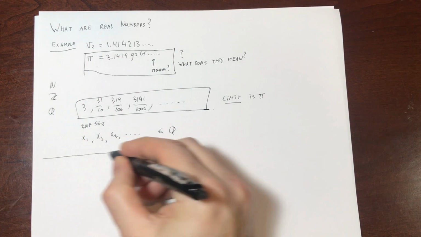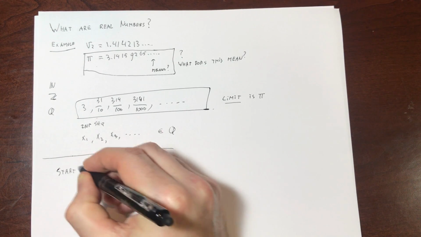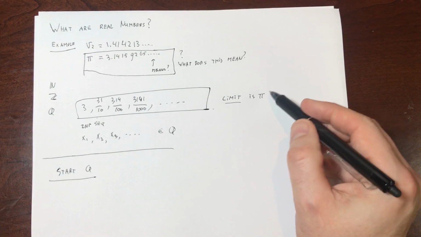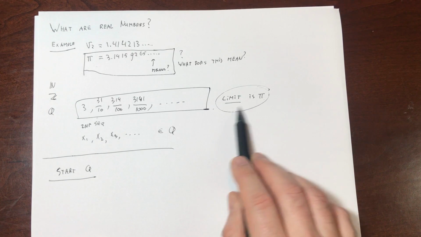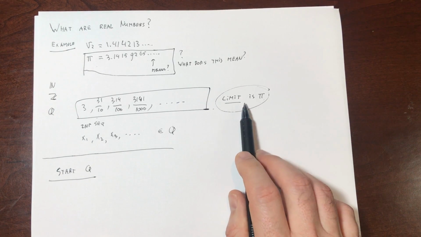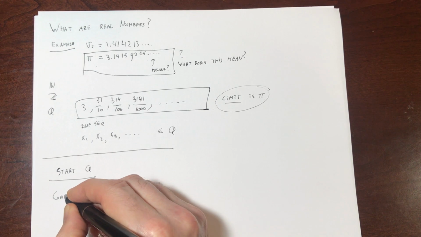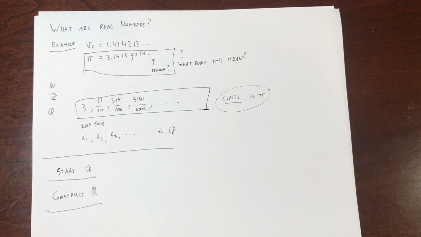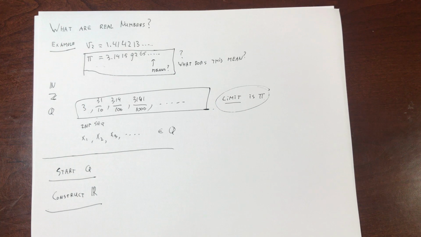So what I want to do now is start with the rational numbers, and rather than assuming that I already know what real numbers are, which is what I did here, I want to actually construct the real numbers in such a way that the limit of this will be that, just like what we expect.